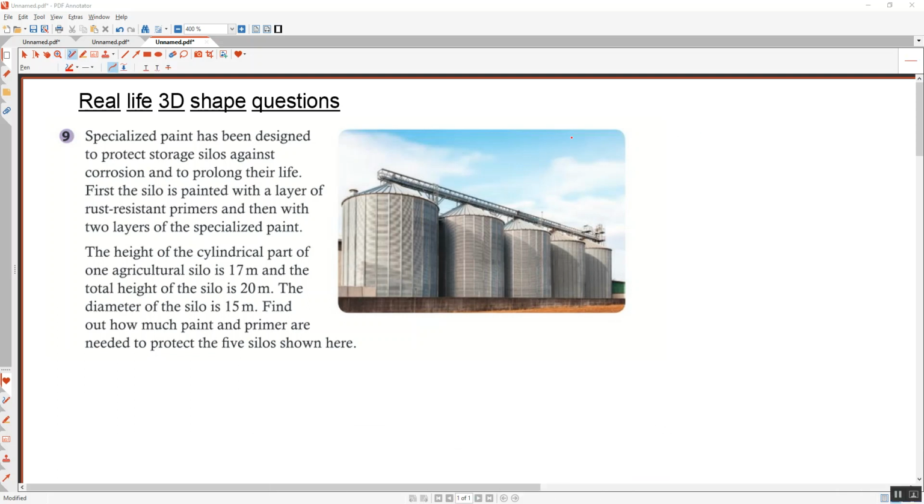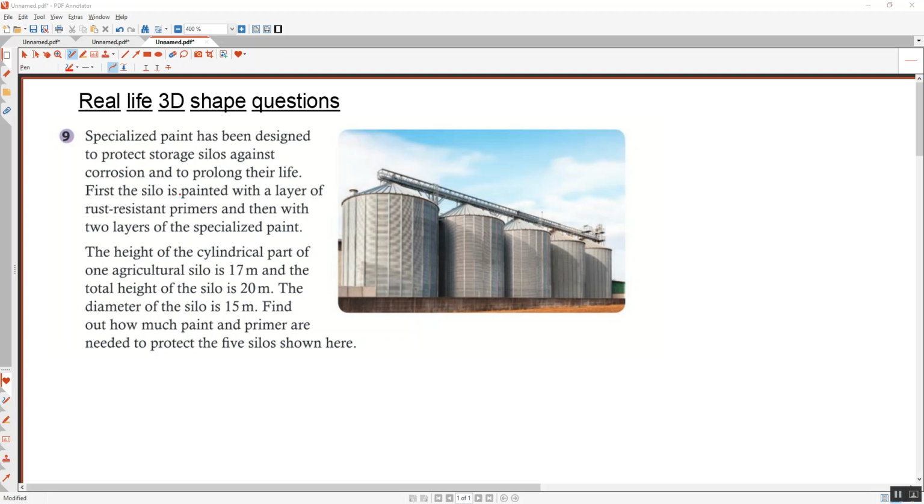What I'm going to do actually is go through the question and pick out the important information. Everyone listening, specialized paint has been designed to protect storage silos against corrosion.